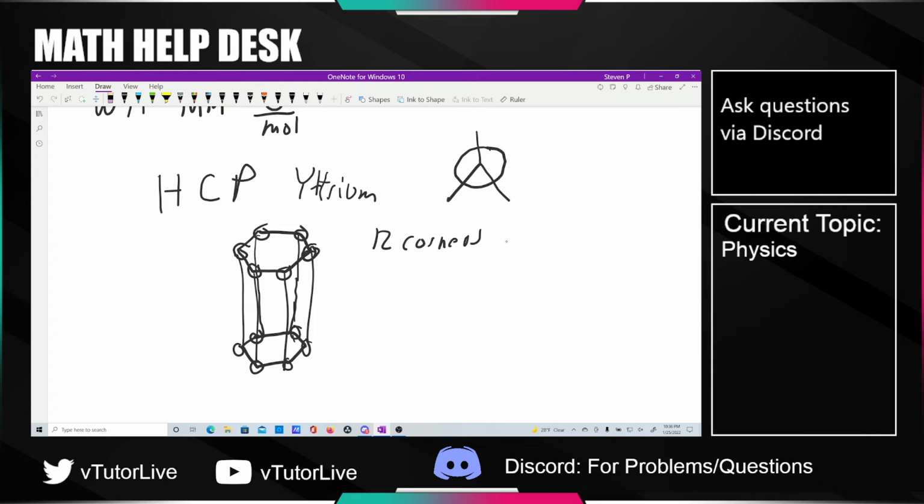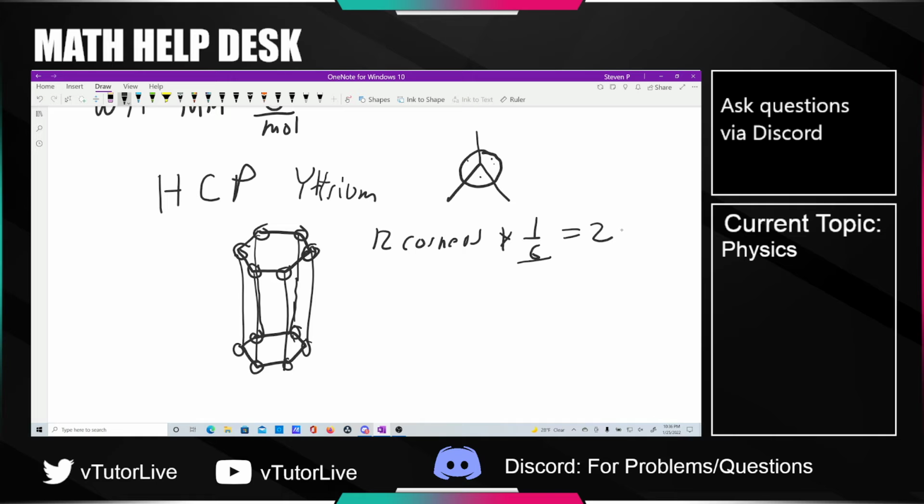So here's how I see it: 12 corners, and each one of them is multiplied by a factor of 1/6 because you have three hexagons joined together at junctions that look like Y's. Looking from above, your atom is split into three pieces, but then they're also stacked on each other, so there's another factor of 2. So first you divide by 3, and then you divide by 2 for a factor of 6.